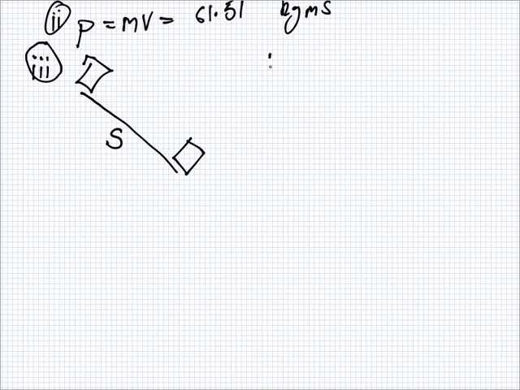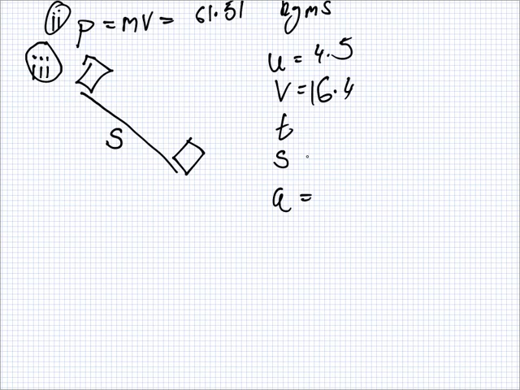So what's the u? 4.5. The v? 16.4. t, don't know. a, I don't know. s, we do know, actually. It's 30. And what do they want? So which formula? v squared equals u squared plus 2as? Yeah, I know.